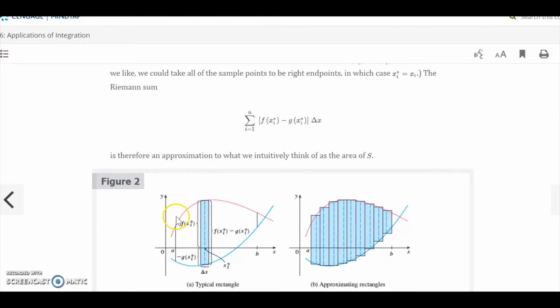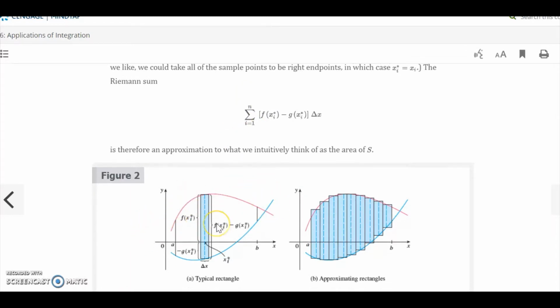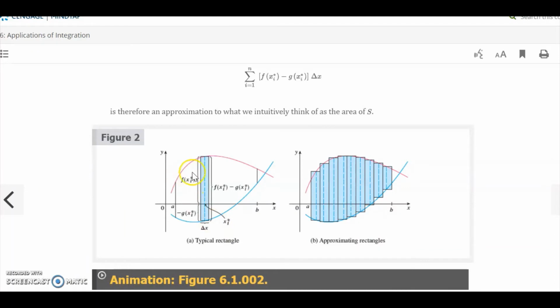So this is what it looks like visually. We have f of x from this point to this point. And remember, when you're below the x-axis, it's a negative area. So if we subtract a negative g of x, we're still ending up with the area of the entire region.